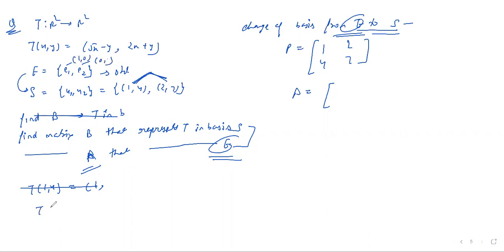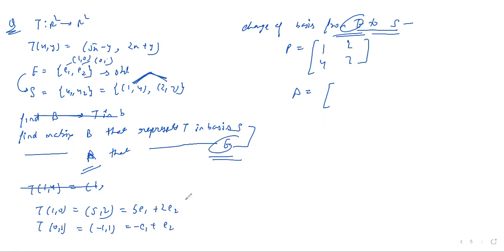For finding this, we'll apply T to (1, 0). T of (1, 0) will be (5, 2), and T of (0, 1) will be (-1, 1). I can write these two vectors as linear combinations of the standard basis: 5e1 plus 2e2, and similarly minus 1e1 plus e2.